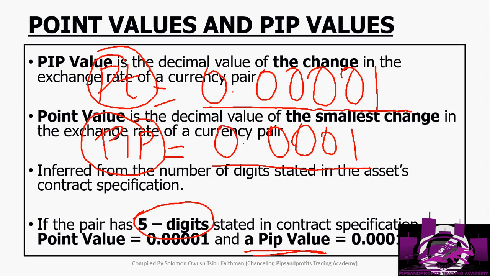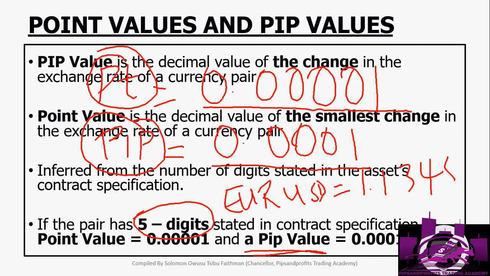Okay, that is that. Somebody is saying some of the pairs do have 4 decimal places. So if the pair has 4 decimal places, listen to me. For instance, if you have Euro USD and it has 4 decimal places, let's say 1.1345, this is 4 decimal places.